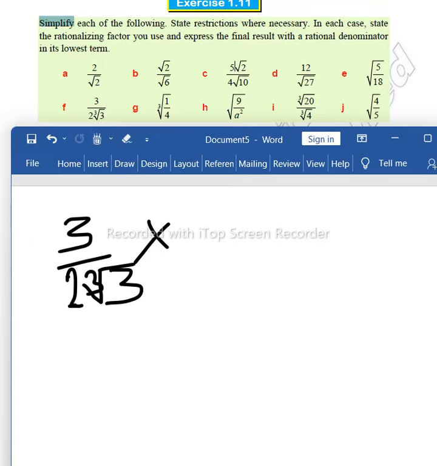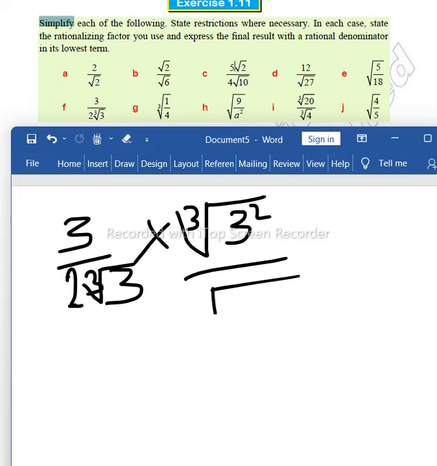The cube root of 9, or 3 to the power of 2. So here we have the cube root of 3 to the power of 2, or 9. So we have to multiply this again by the cube root of 3 to the power of 2.